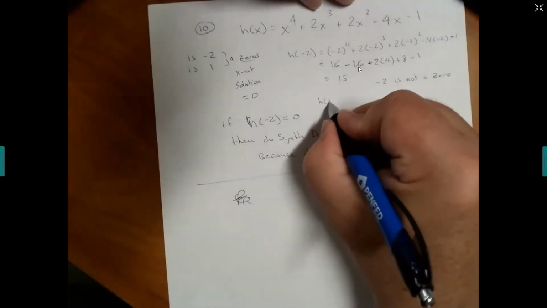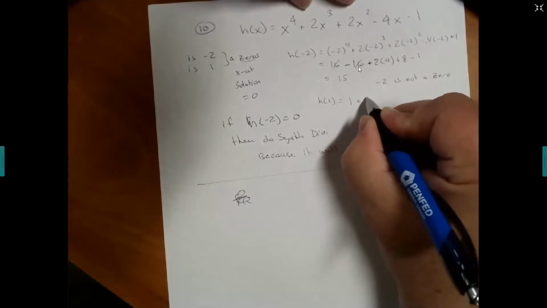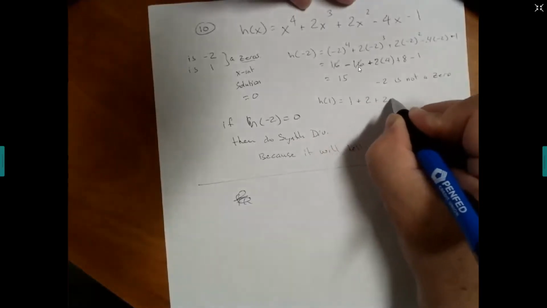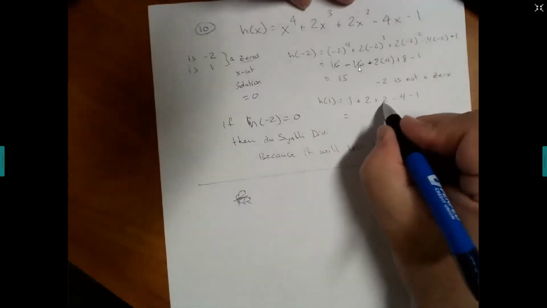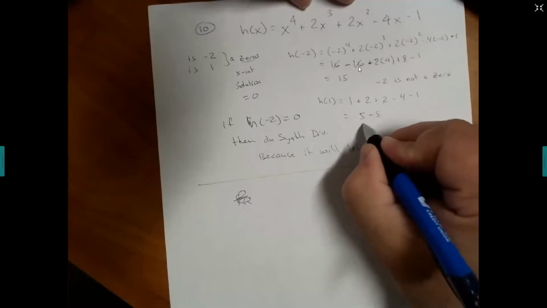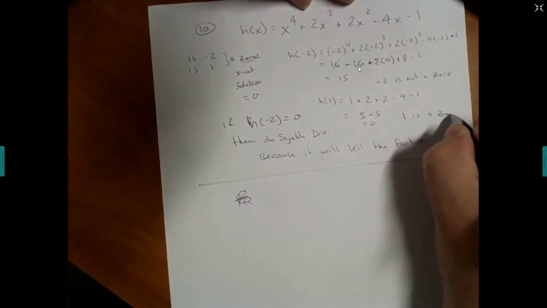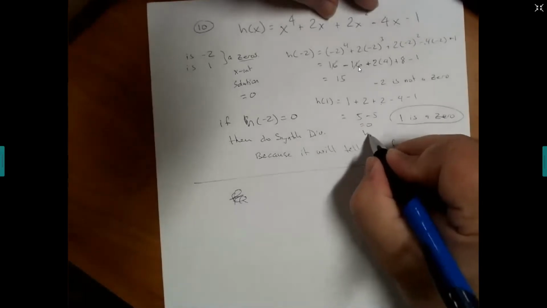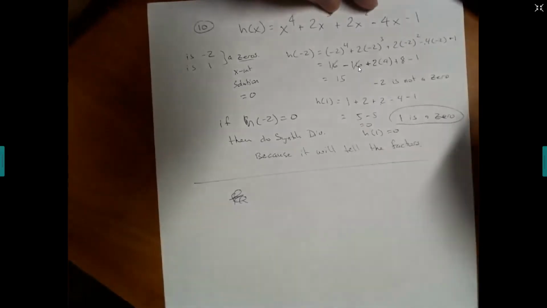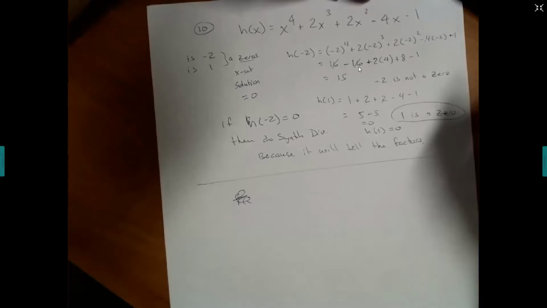How about h of 1? 1 plus 2 plus 2 minus 4 minus 1. 1 plus 2 plus 2 is 5, minus 5 equals 0. So 1 is a zero, because h of 1 is equal to 0. So what does that tell us?